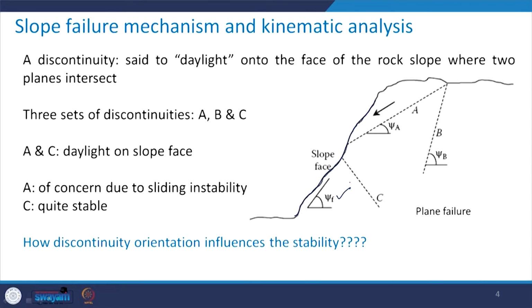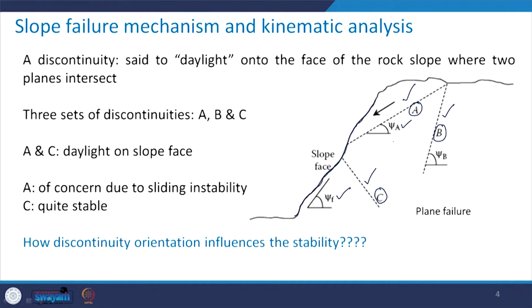You can see the three dotted lines, first, second, and this is the third one. These are representing three sets of discontinuities, and we have named them A, B and C. Now, discontinuity set A has a dip of psi A, again same definition, angle with the horizontal.